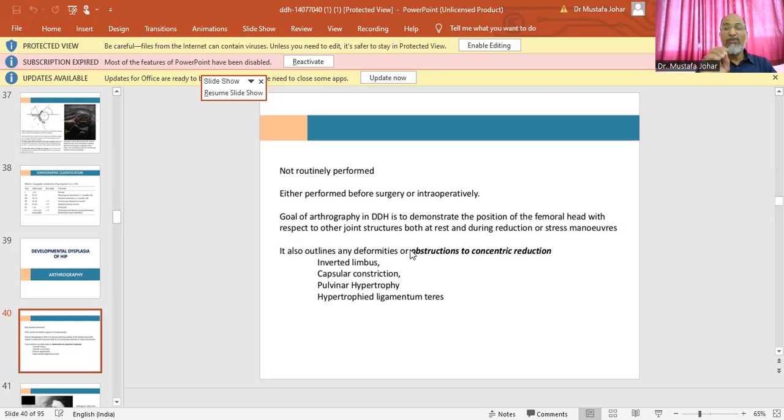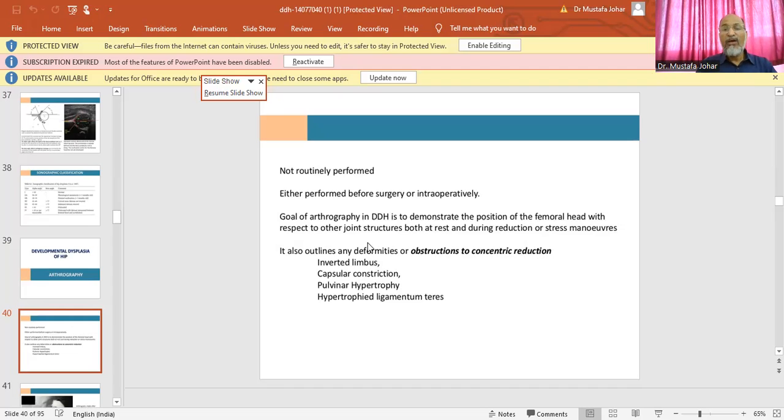That means if there is something within the cavity of the acetabulum, that will also be delineated by putting the dye, which will definitely show a radiolucency because of that particular structure or debris or anything there.